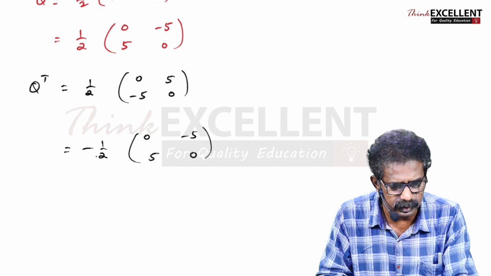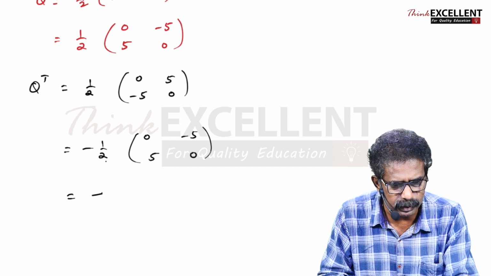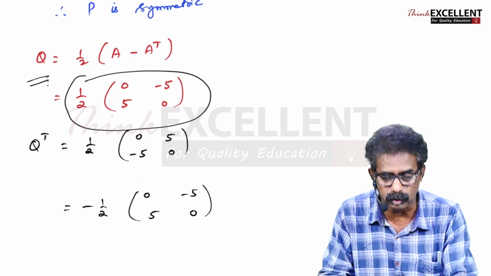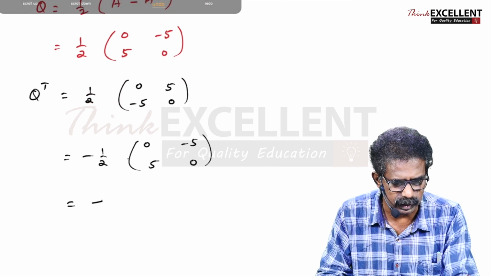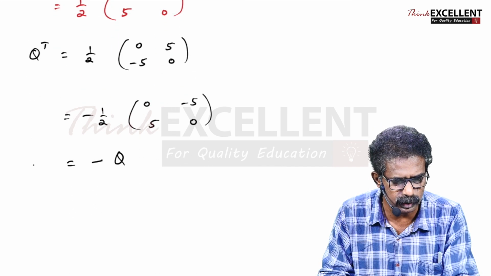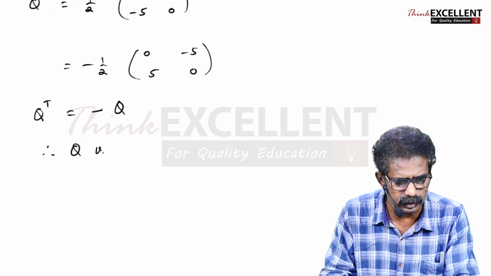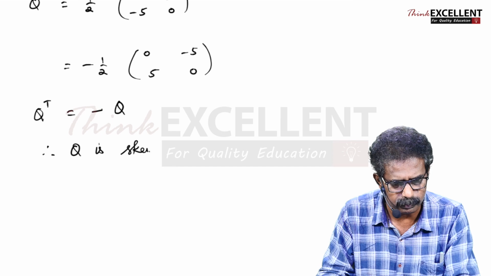So that is minus 1 by 2 into 0 minus 5, 5 0, which is equal to minus Q. So Q transpose equals minus Q. Therefore Q is skew symmetric.